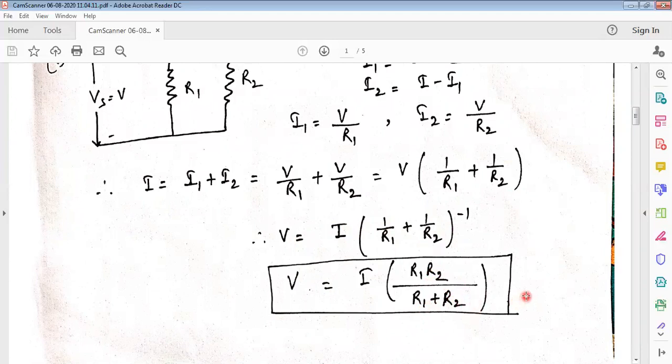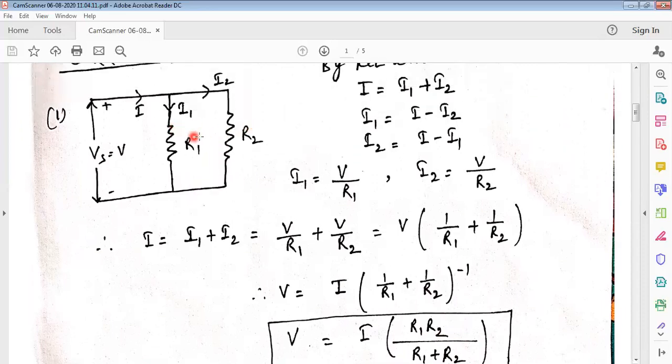Clear? So from here you have derived the total voltage with respect to total current and total resistance. What is this? This is the equivalent resistance of two resistors connected in parallel. Here R1 and R2 are connected in parallel. So R equivalent will be R1 R2 divided by R1 plus R2, and total voltage was V, total current was I. So this is nothing but Ohm's law.